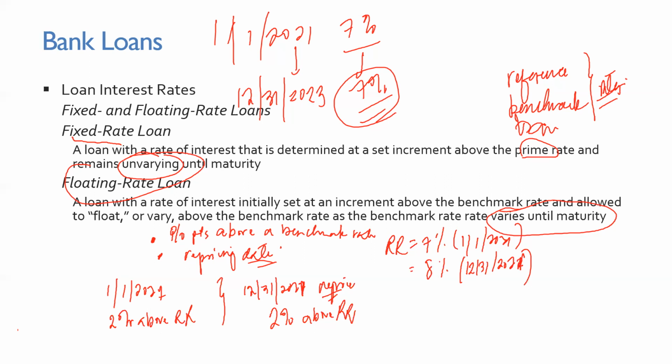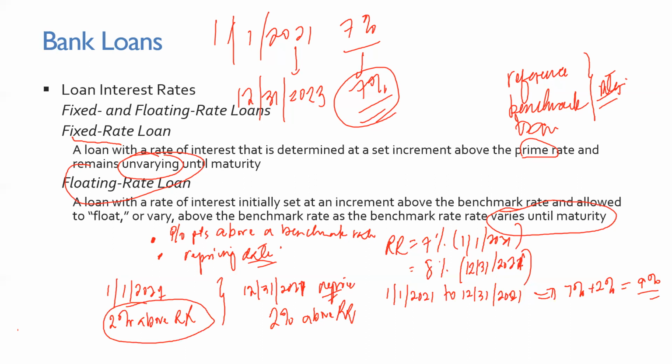The applicable interest rate from January 1, 2021 to December 31, 2021 is 7% plus 2%, which is 9%, because it's 2% above the reference rate, and your reference rate in January is 7%.